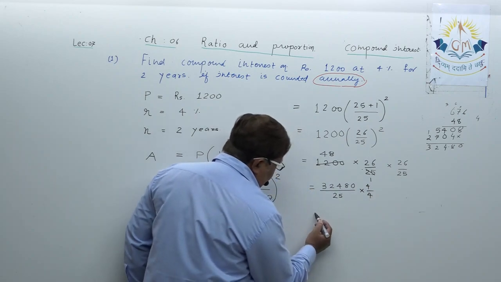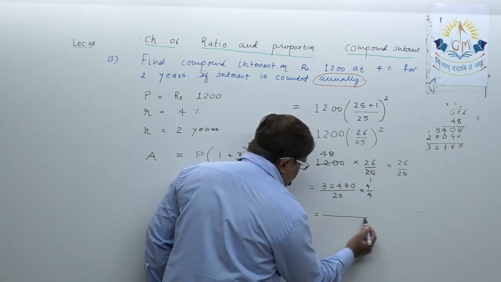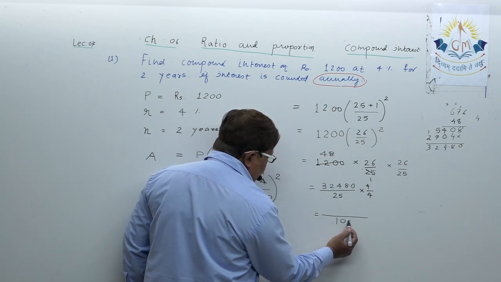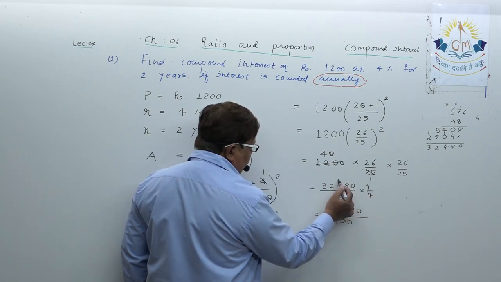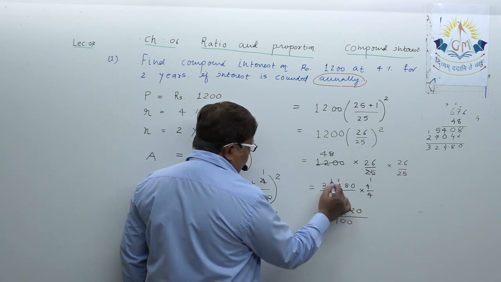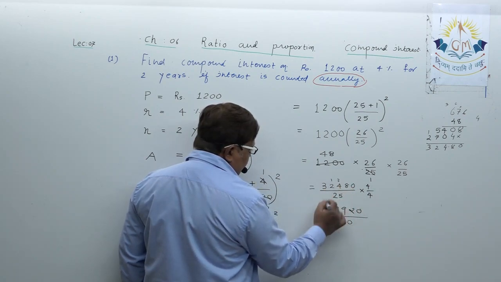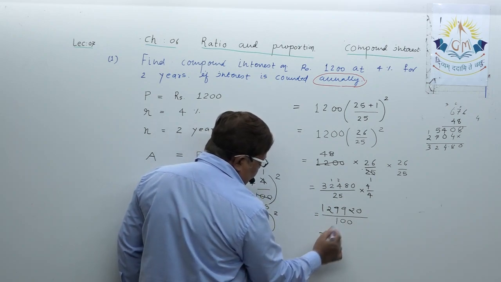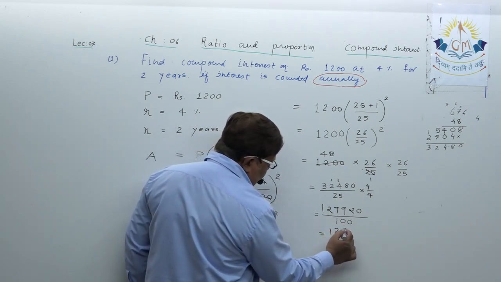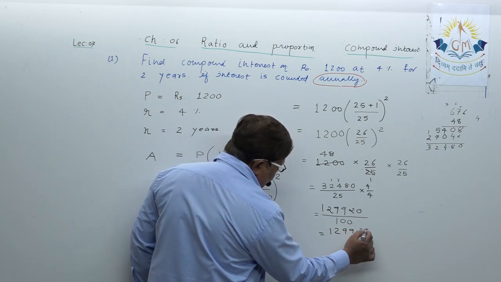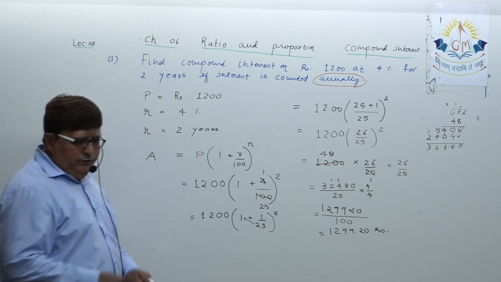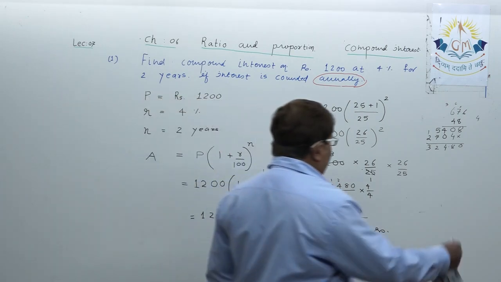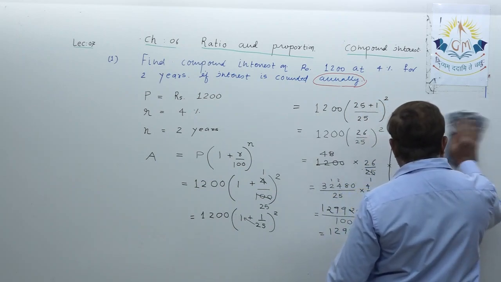Okay, so in the denominator there is 100, just multiply 4 in the numerator too. 4 eights are 32, 3 carry, 4 fours are 16 plus 3 is 19, 1 carry, 4 twos are 8 plus 1 is 9, 4 threes are 12, and just cut the decimals. 1299.20 rupees. Okay, my dear student, you got the compound amount.